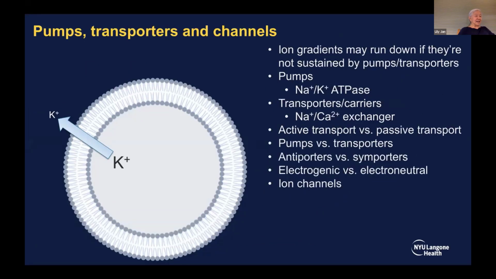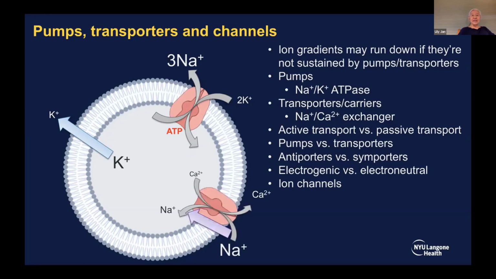For ion concentrations that need to be set up by the pumps and the transporters, it's the ATPase that moves sodium ions out and potassium ions in that sets up the concentration gradient that's true for all cells, sodium high outside and potassium high inside. And then we have transporters, also known as carriers. The example I use here is the sodium-calcium exchanger.